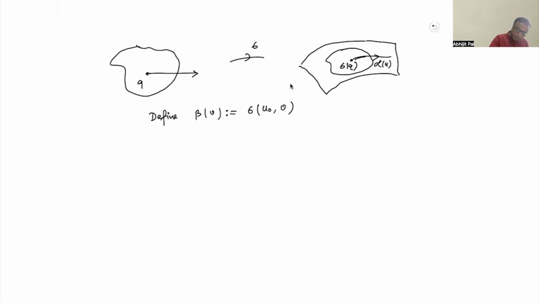And beta is defined in this way. If I take this vertical line, the image of this will be your beta.